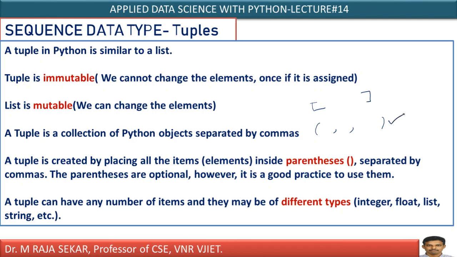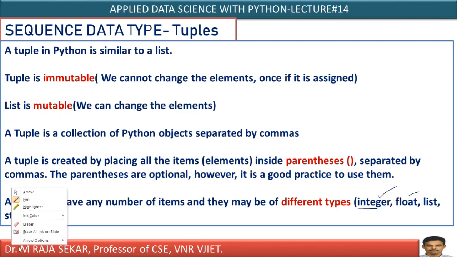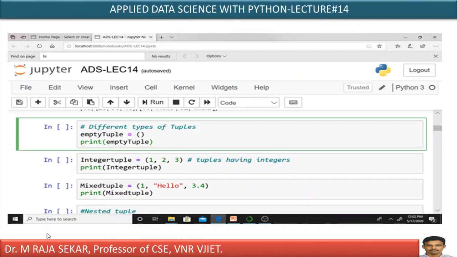This is tuple, this is list, isn't it? Even in tuple, you can keep different data types like list. You can keep integers, floats, even a list inside the tuple. You can even keep one tuple inside another tuple, which means nesting is possible in tuples.